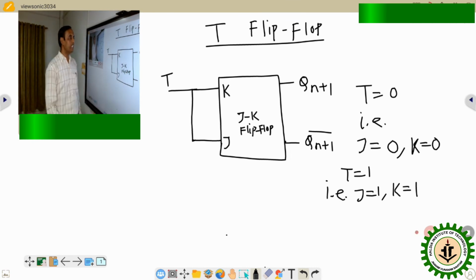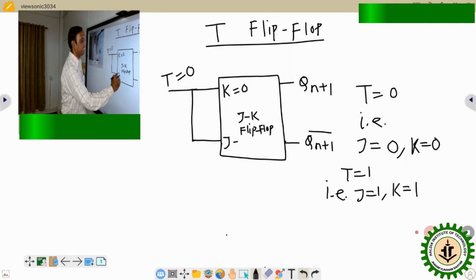So when T equals 0 and when T equals 1, when this one is 0, that means J and K are 0, then the output will remain unchanged.